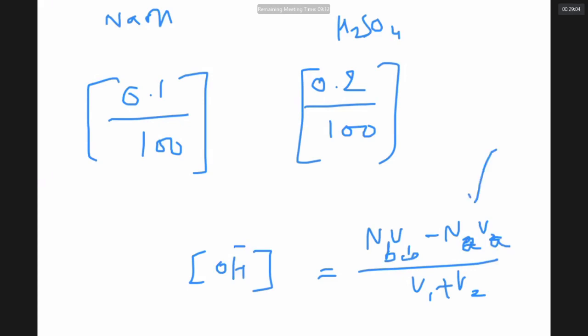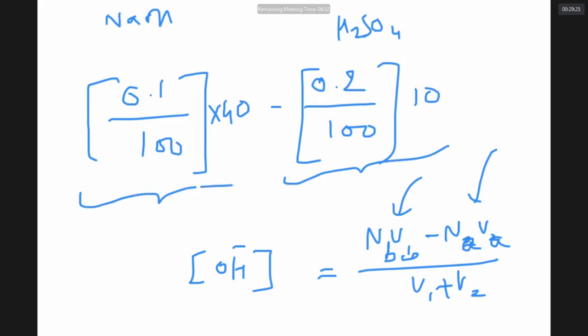If NAVA is more and NBVB is less, then this formula will give me the concentration of H plus. I have taken 40 liters of NaOH and 10 liters of H2SO4. Which is more, sir? NaOH. Therefore, in my formula, I will write NBVB first.